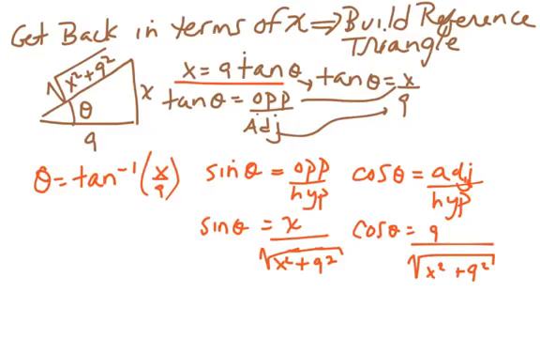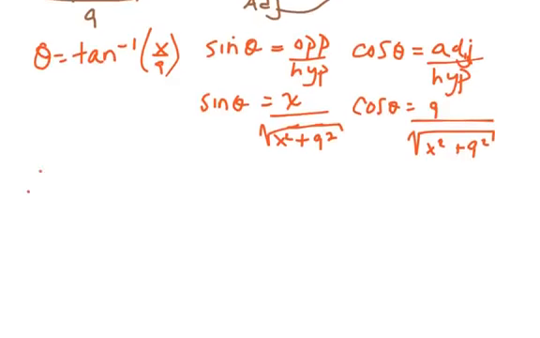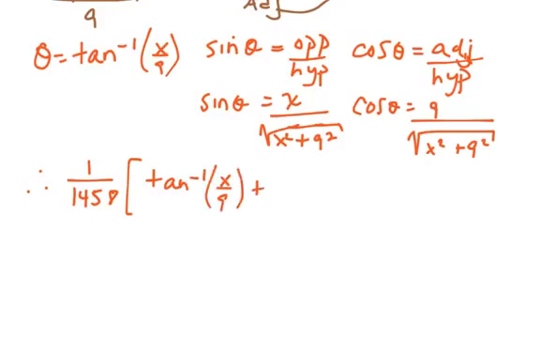So let's rewrite this now. Back substitute for x, and I get 1, can't forget the constant, 1 over 1458 times the quantity theta, which is simply tangent inverse x over 9, and sine of theta is x over the root of x squared plus 9 squared.